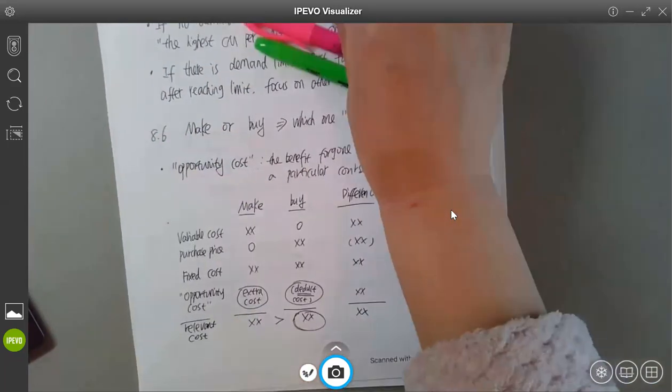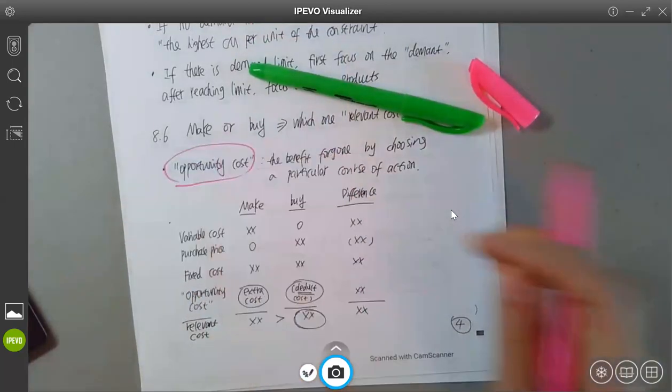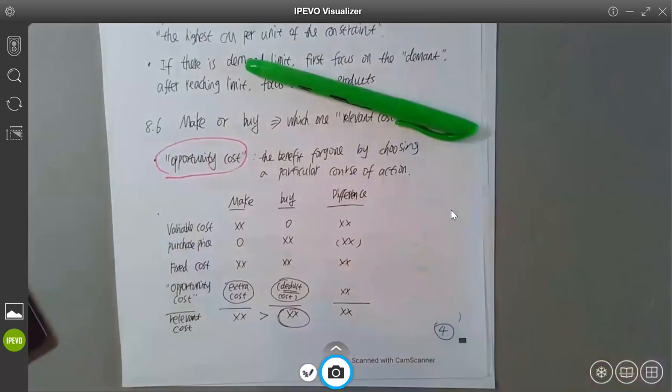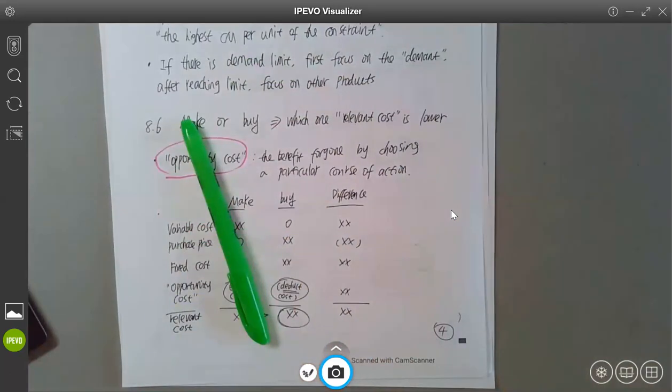Only one important concept, or new thing, is opportunity cost, right? So what's the meaning? If you make this green pen, then you cannot make the red pen, so you cannot earn, let's say, $5.